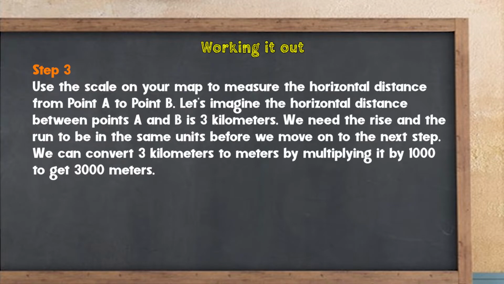Now, the next thing is you use the scale on your map to measure the horizontal distance from point A to point B. Let's imagine once again that the horizontal distance between points A and B is 3 kilometers.